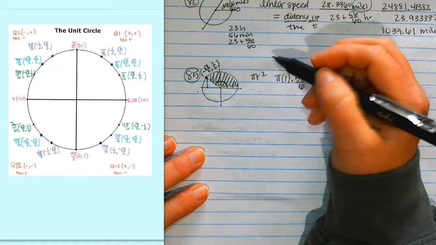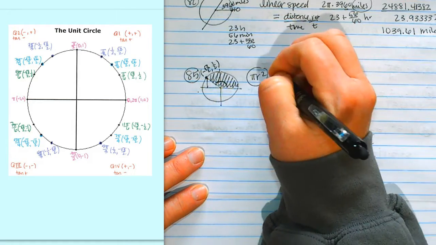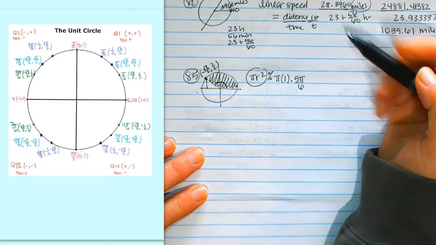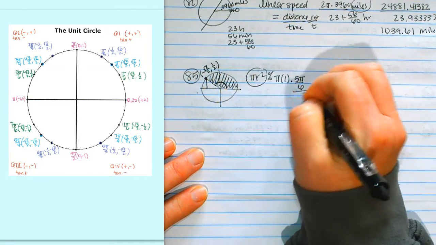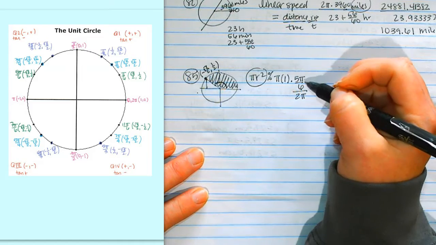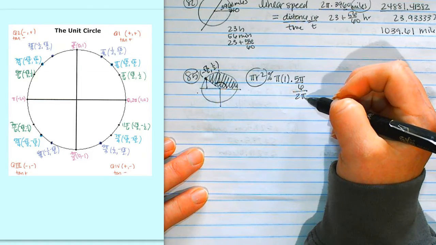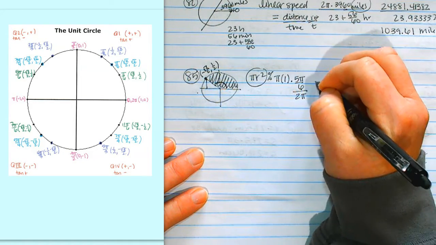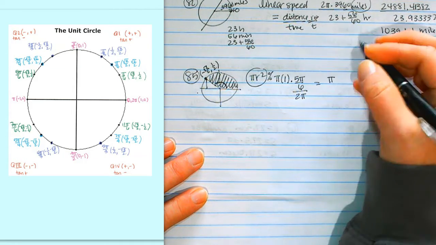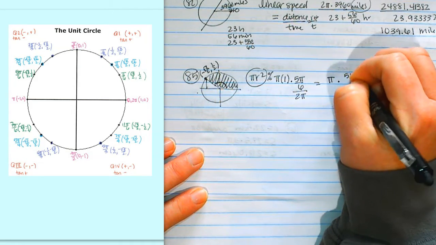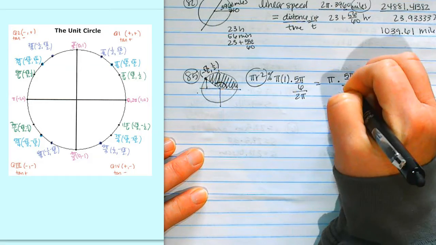And so we're going to say this is the total circle times the percentage of the circle. So just like I had to make this into a fraction, I have to say this is out of 2 pi. So this is a percentage of the entire circle. When I simplify this, I'm going to have pi times 5 pi over 6 times 2 pi.